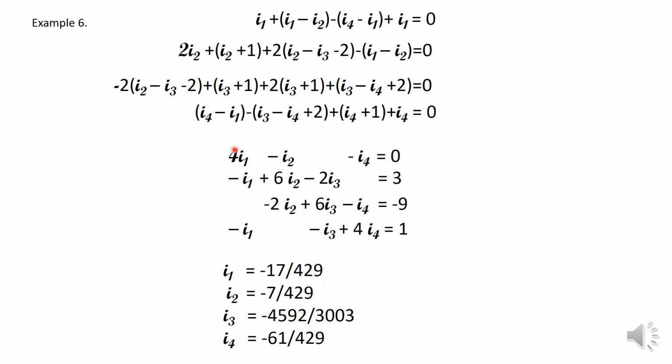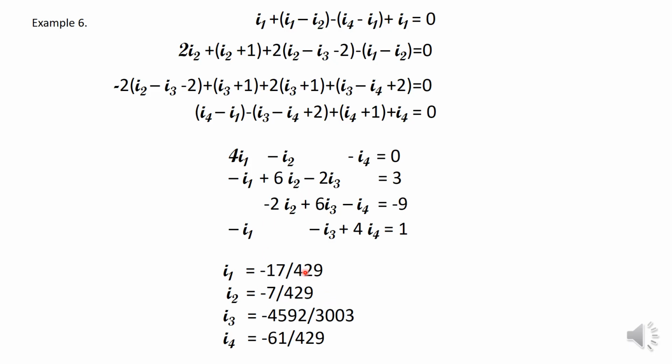If you look at the matrix of these coefficients here, you'll have positive numbers on the diagonals, 4, 6, 6, 4, and then the off diagonals are symmetric about the main diagonal, okay, and they have minus signs. It's interesting to notice that. You'll probably learn about that in more detail if you do courses in electrical circuit theory.